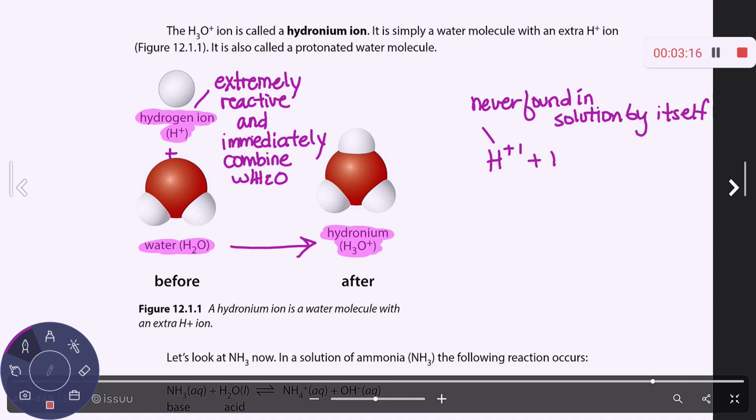So it will combine with water to make hydronium. So that means hydrogen ions are the same thing as hydronium ions. Okay, so if you're trying to figure out how many hydrogen ions there are, look for the hydronium ions that you have. Okay, know the name and the formula for hydronium. I will probably ask you about that on the test.